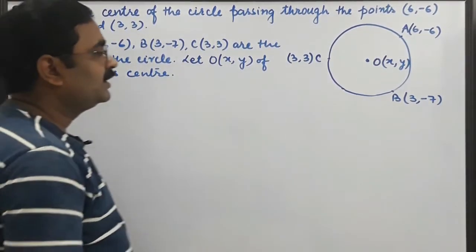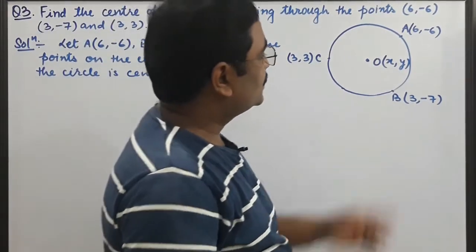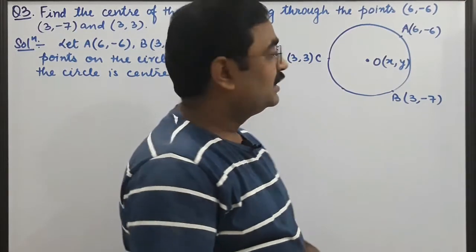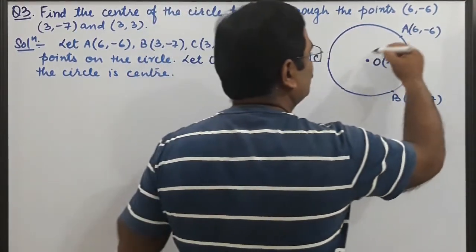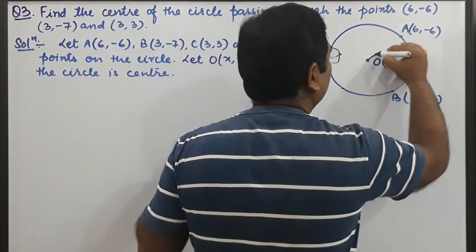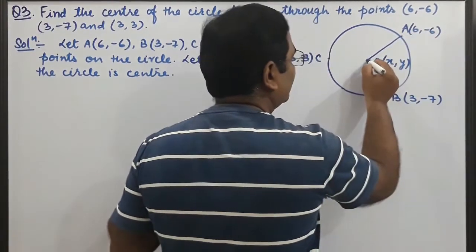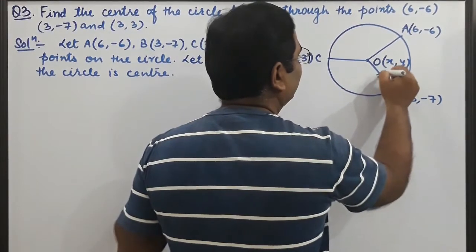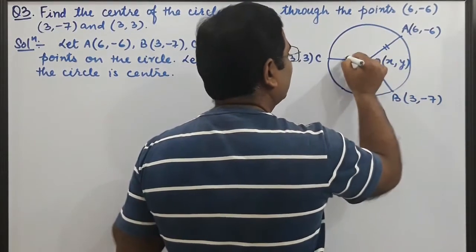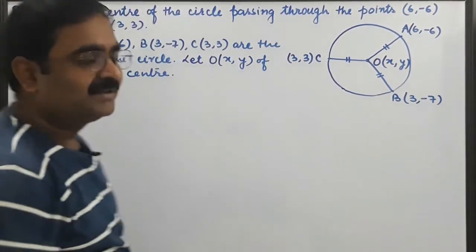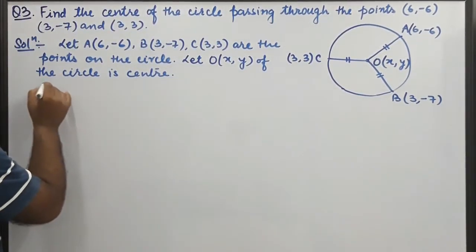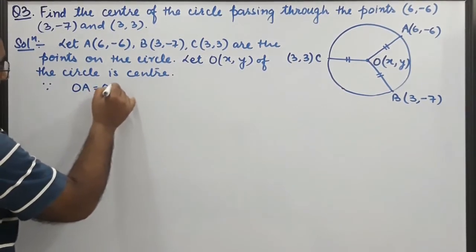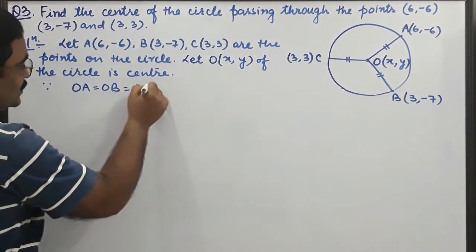Right? If this is the center of the circle, then what do you get when you join this center with these 3 points: OA, OB and OC? These line segments are the radii of the circle. Therefore OA equals OB equals OC.